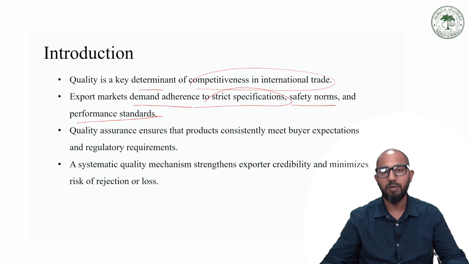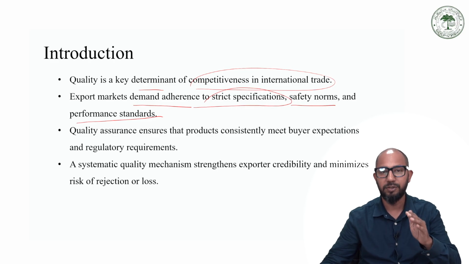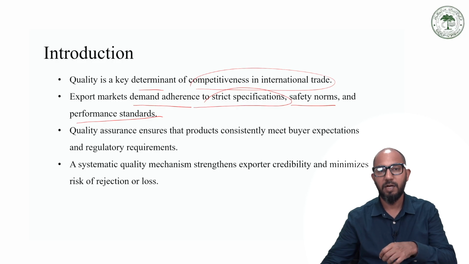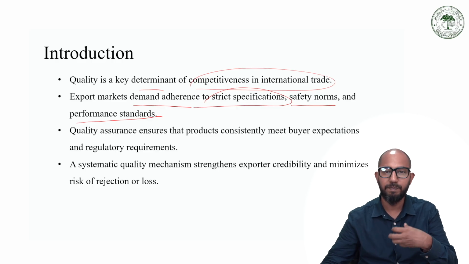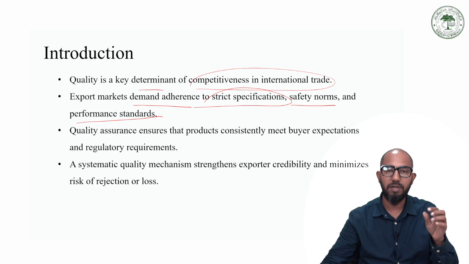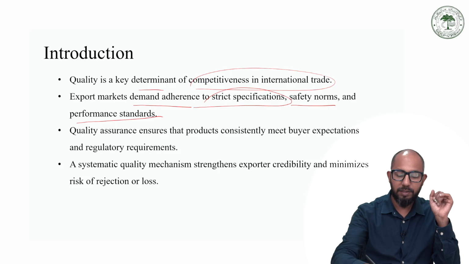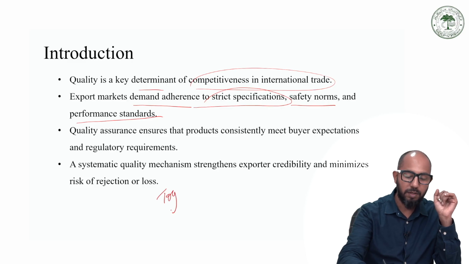Quality also includes that the product itself should follow all the international standard norms, safety measures and strict specification according to the buyer, and because buyer is present in a specific country, the country regulations related to the product must also be followed. For example, take the case of toys emerging from China.